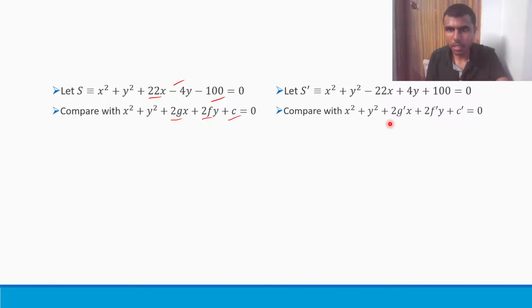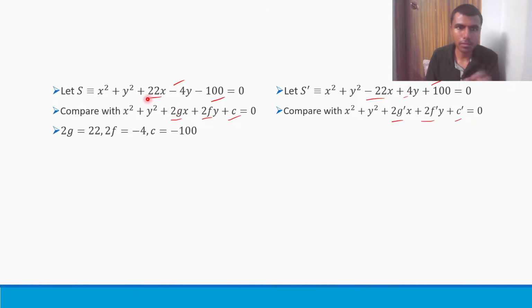Likewise for the second circle, compare with x square plus y square plus 2g dash x plus 2f dash y plus c dash equal to 0. Because I took this as S dash, I am taking g dash, f dash and c dash. So 2g dash will be minus 22, 2f dash will be 4, and c dash will be 100.